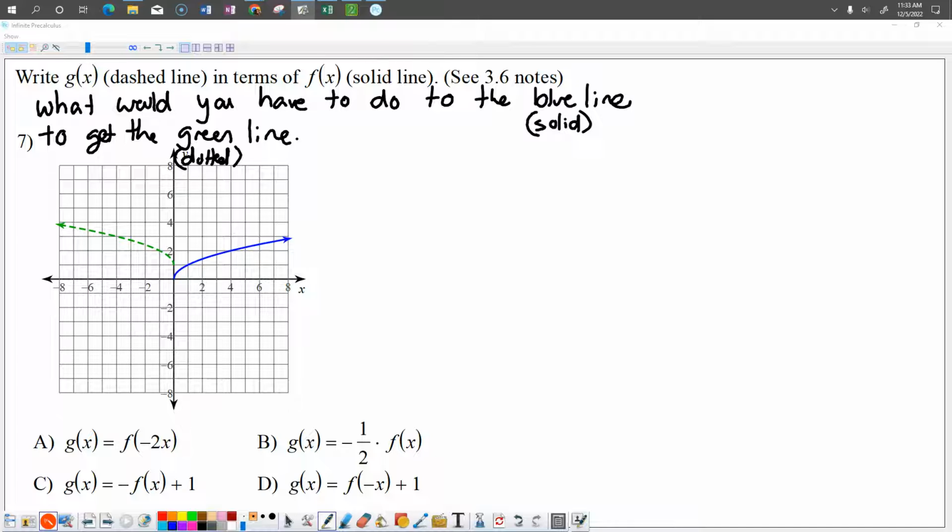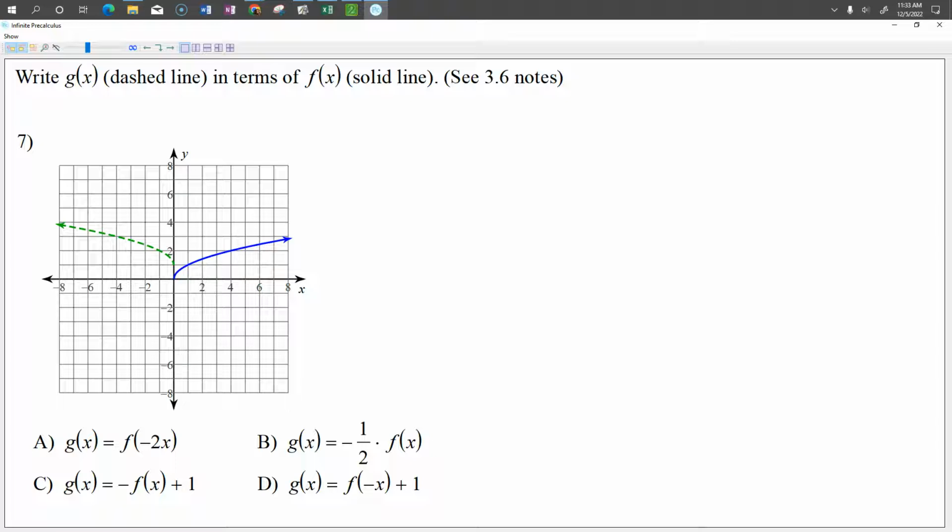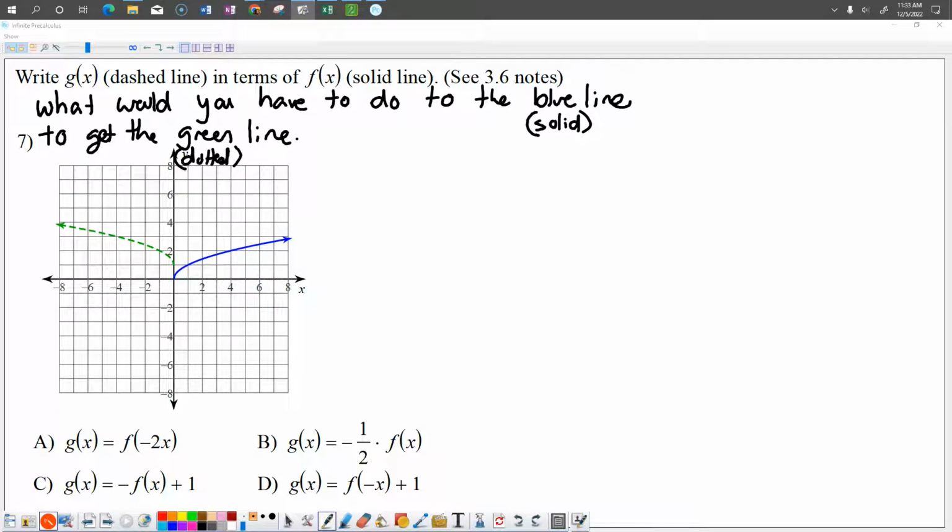Well, I'm going to trace it really quick in blue. There it is. So what would I have to do to that blue line there to get it to look like the green? Well, first of all, I'd have to reflect it. I'd have to flip it horizontally. So to flip it horizontally, it would look like this. But that's still not quite correct.